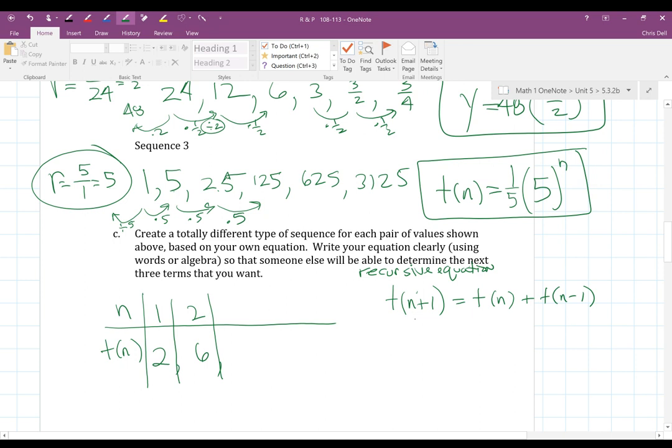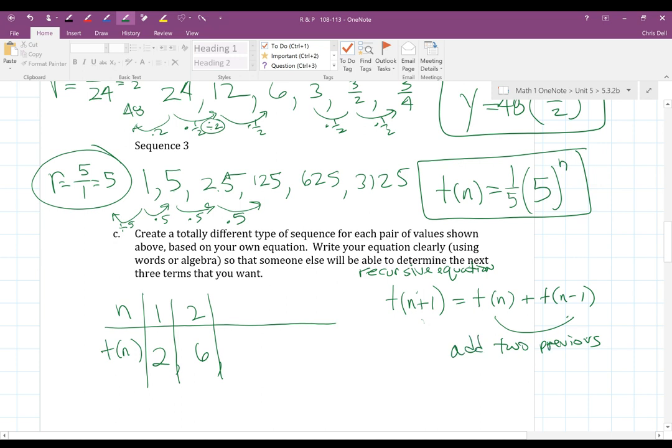To find your next term, that's your t of n plus 1, I would take the term before it, that's your t of n, and add it to the term before that, that's the t of n minus 1. So this is the 2 previous terms, right? If I was writing it in words, I would say add the 2 previous terms.